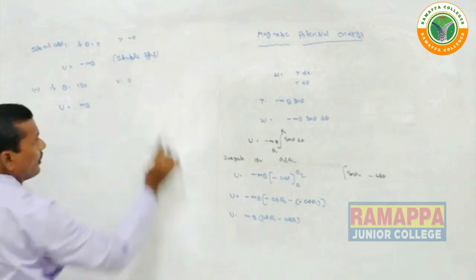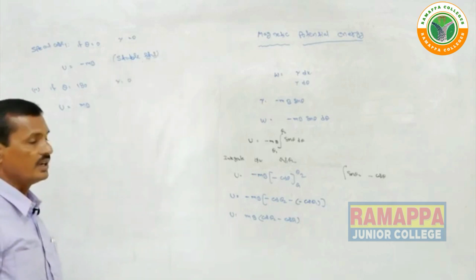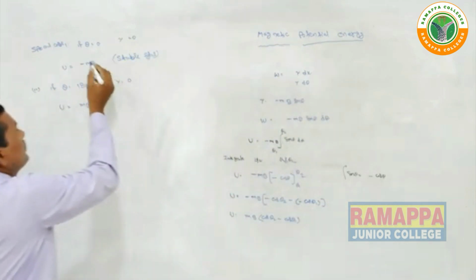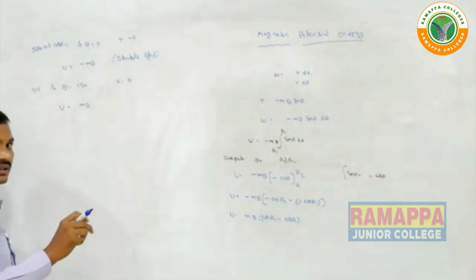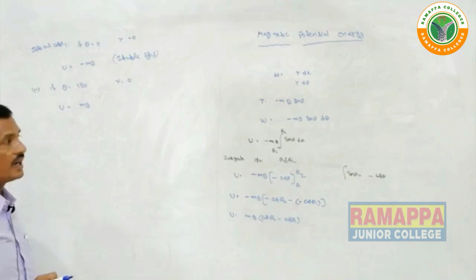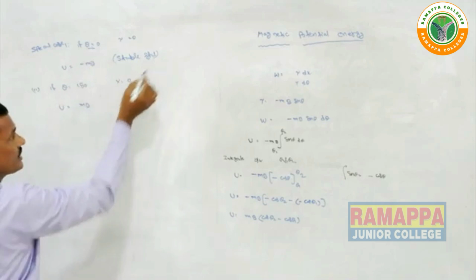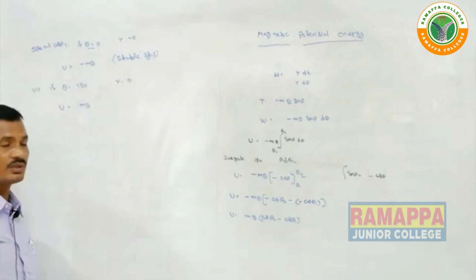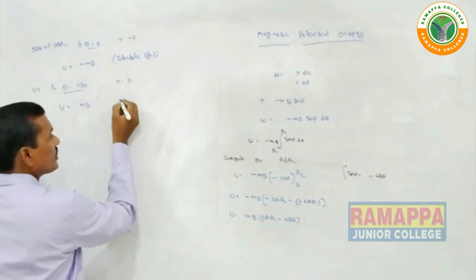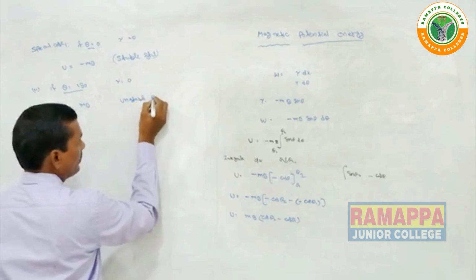That means when we place a magnetic compass in a magnetic field, if theta equals 0, the angle between the direction of the magnetic field and the compass is the same, then it is a stable state, or most stable state. If theta equals 180, it is the most unstable state.